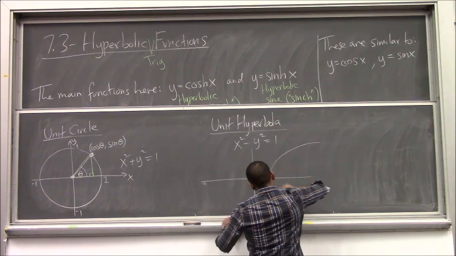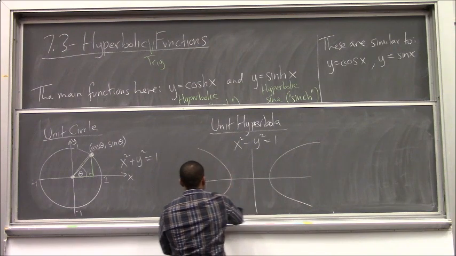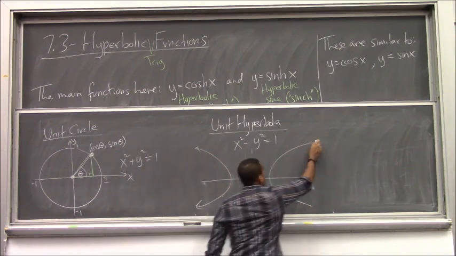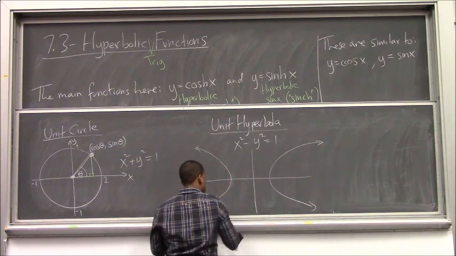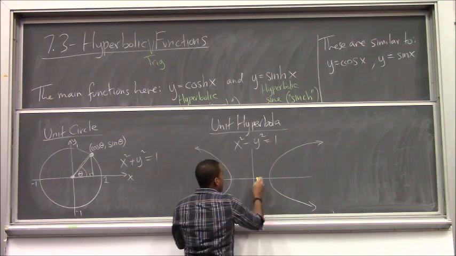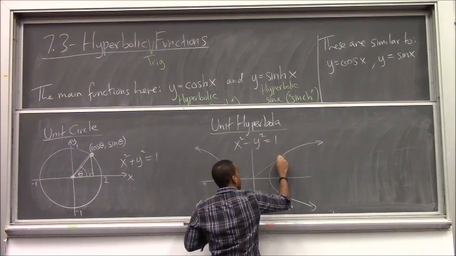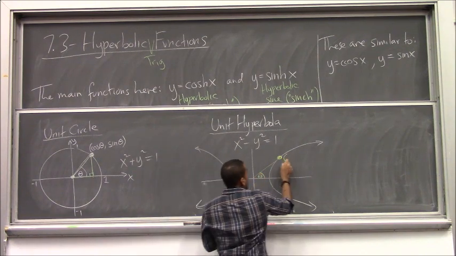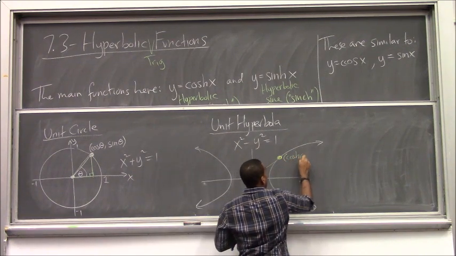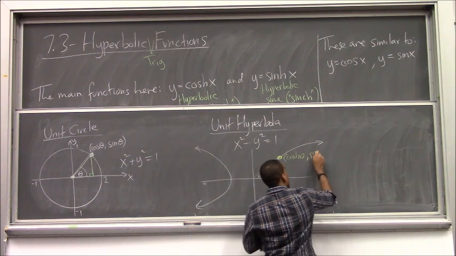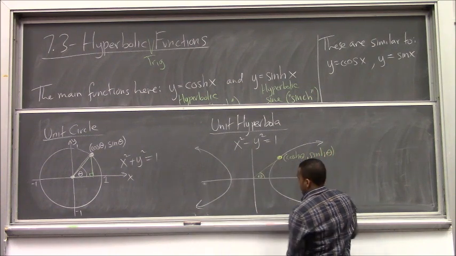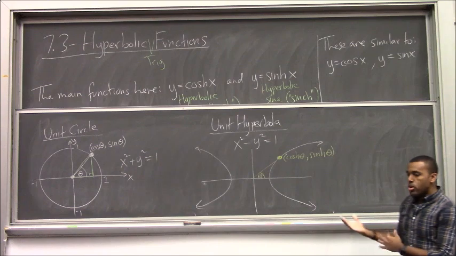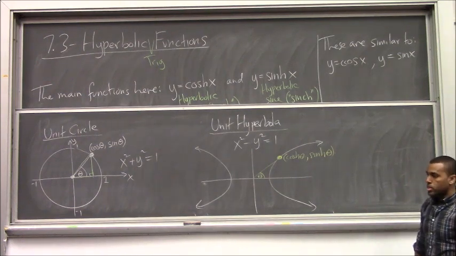And that's the guy that looks like this. And in the same way, we try to measure functions that give us coordinates on this thing when an angle theta is made here, and cosh is the x coordinate of that, sinh is the y coordinate. Right? So they were developed using the same kind of principle.